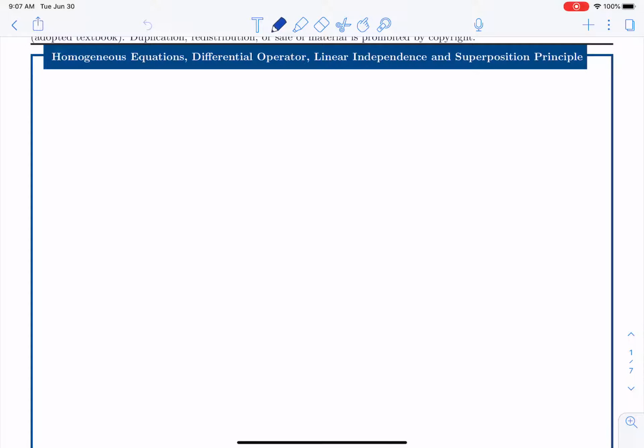So we move into something called homogeneous equations. We've seen these equations before. These are linear equations.